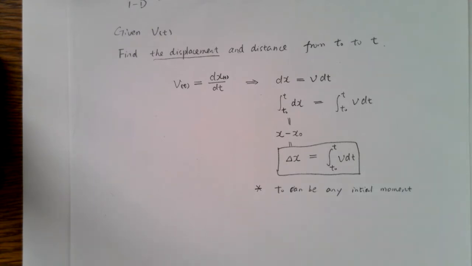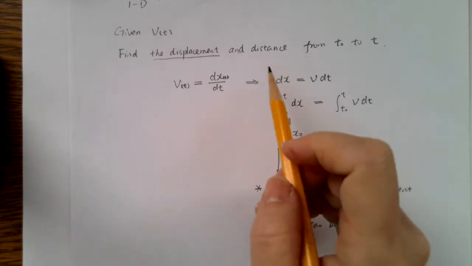T sub 0 does not mean t equals 0. The second one I want to remind you, when we get the integral, delta x, the displacement, can be positive, can be negative as well. So whatever this integral gives us, delta x equals that value.